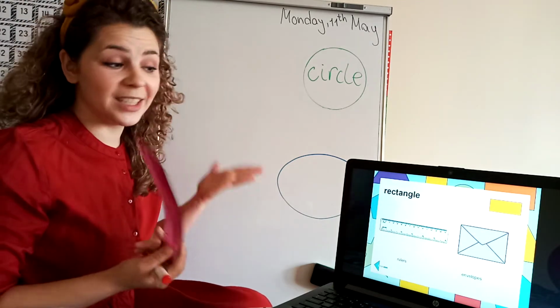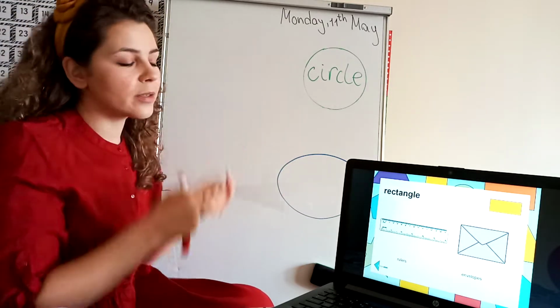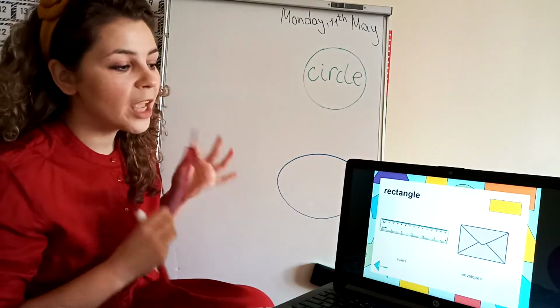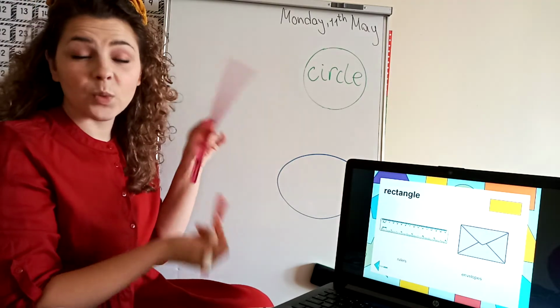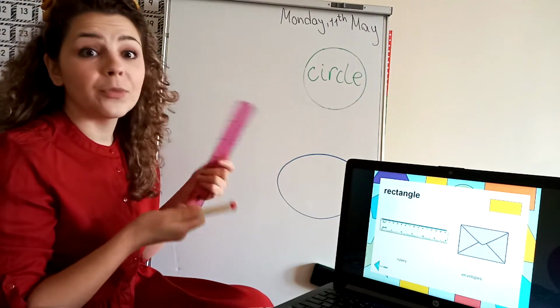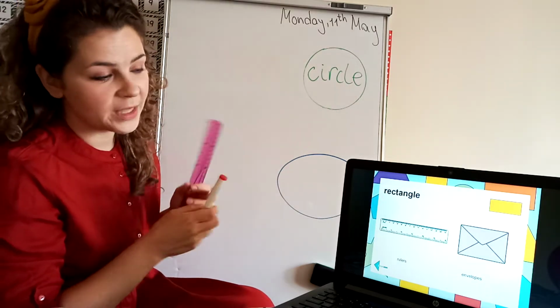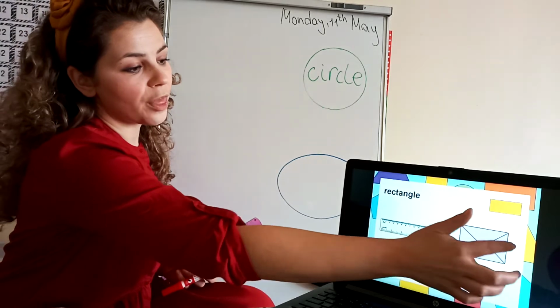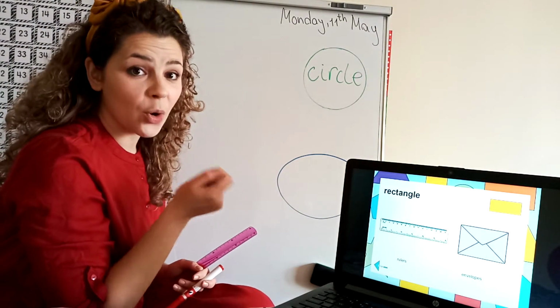If you've never received a letter, at least you've seen maybe a bill from a bank or something like that come to your home. Why do I have a ruler? It's important to make straight lines when we're drawing 2D shapes. So what is specific about the ruler? It has 1, 2, 3, 4 sides.